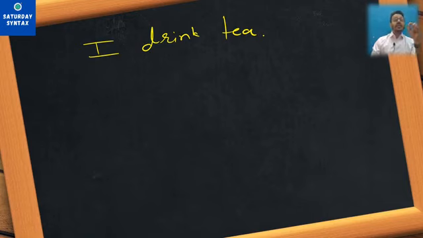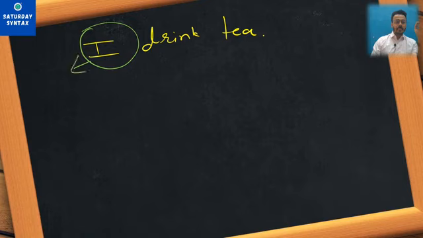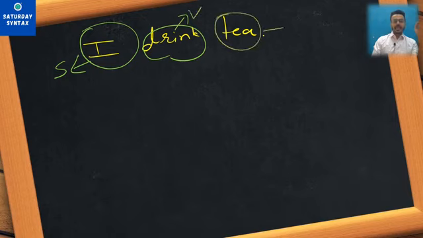After that, you need to identify subject, verb and object. What would be the subject? Of course, I. Drink is your verb, and tea would be your object. So you have already identified S, V and O in this sentence.